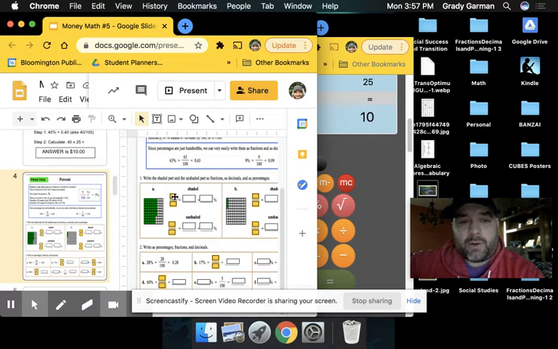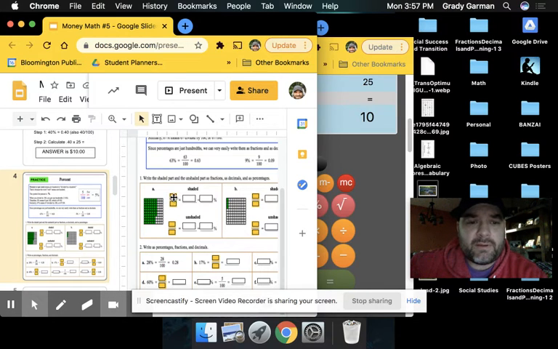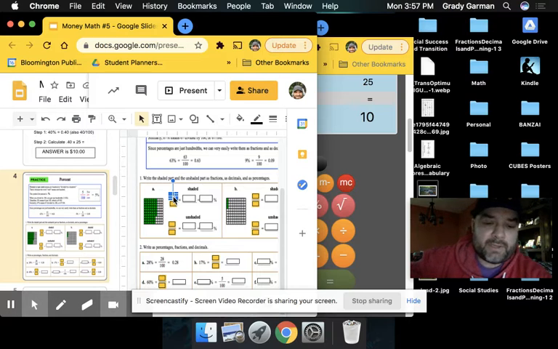You're then going to convert that to a decimal. Here I have 1, 2, 3, 4, 5, 6, 7, and 67. So I have 67. I'd write 67. Just make the box bigger if it's too small.